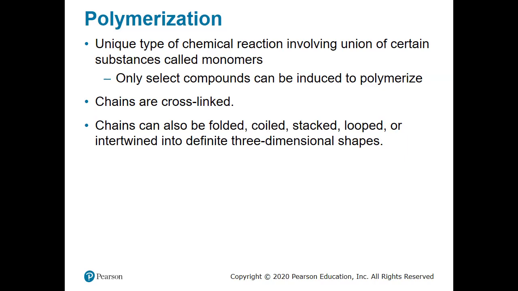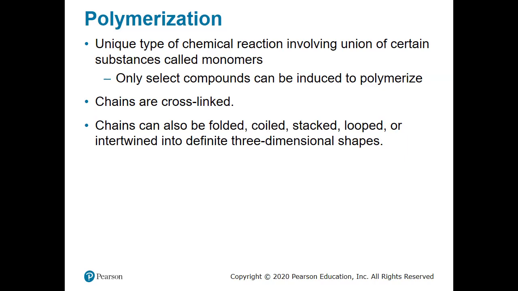And what happens is that monomer itself might be pretty reactive. That monomer itself might be kind of dangerous on its own. But if we introduce the right substance to it, we can get that monomer to basically unravel itself. So that's what's called an induction phase of polymerization.